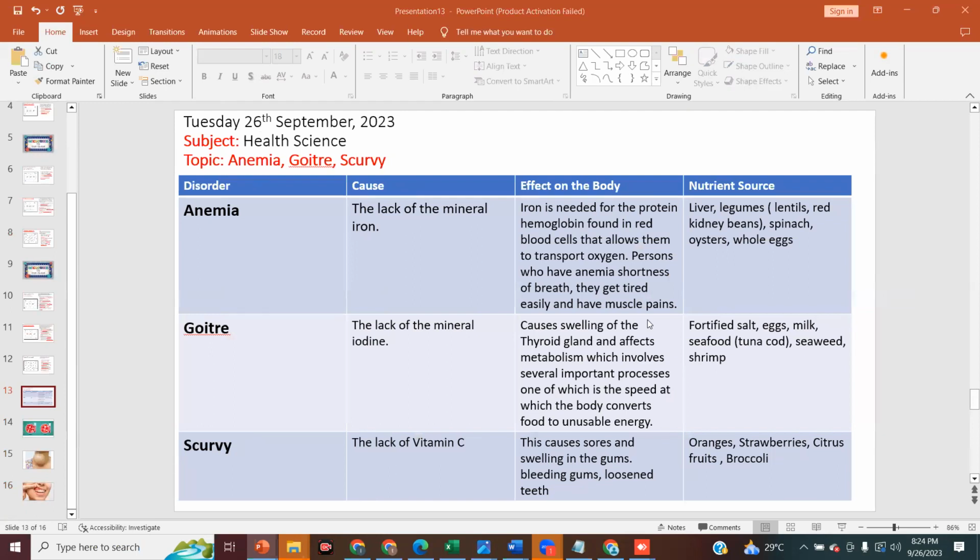What is scoliosis? Don't worry about scoliosis. Focus on anemia, goiter, and scurvy, and writing your notes and finishing it.